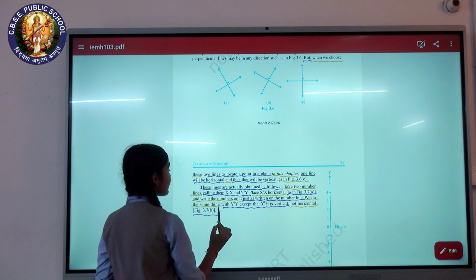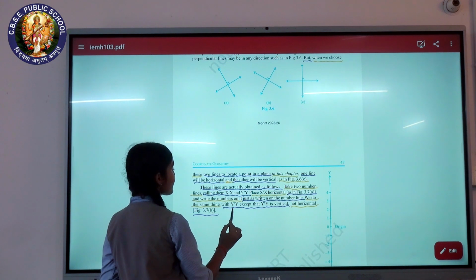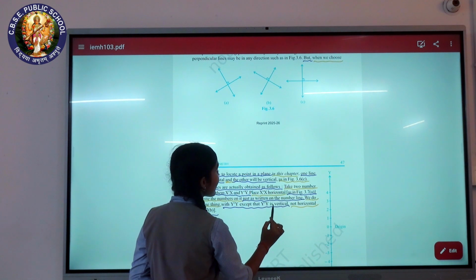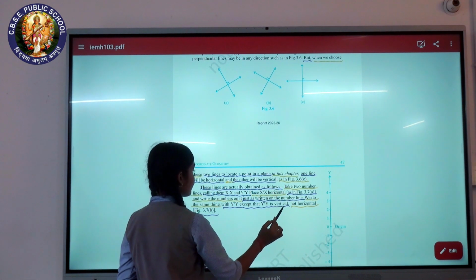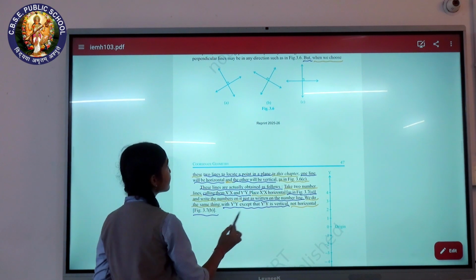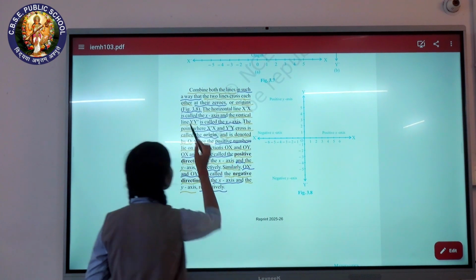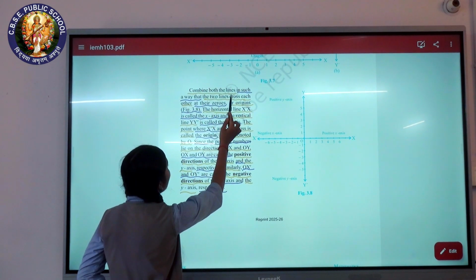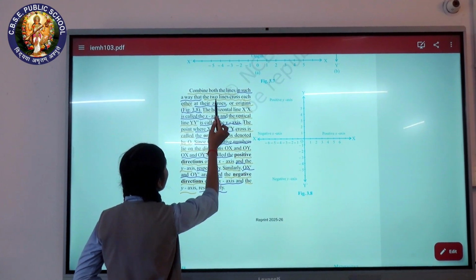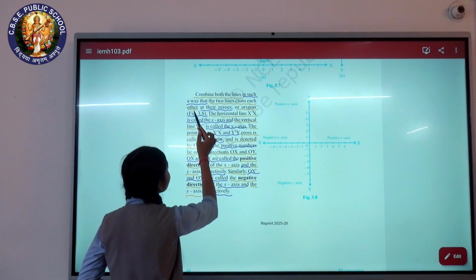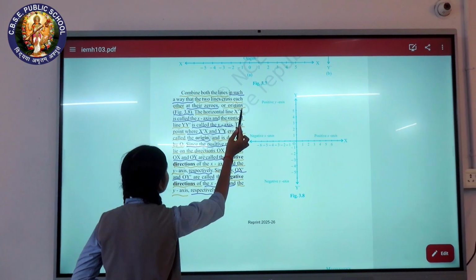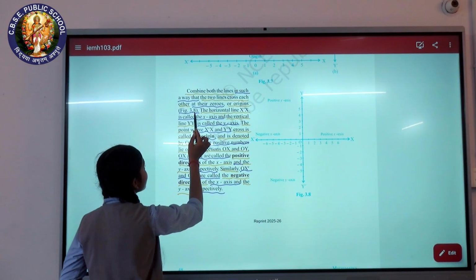We do the same thing with y dash y, except that y dash y is vertical, not horizontal. Figure 3.7b. Combine both the lines in such a way that the two lines cross each other at their zeros or origins. Figure 3.8.